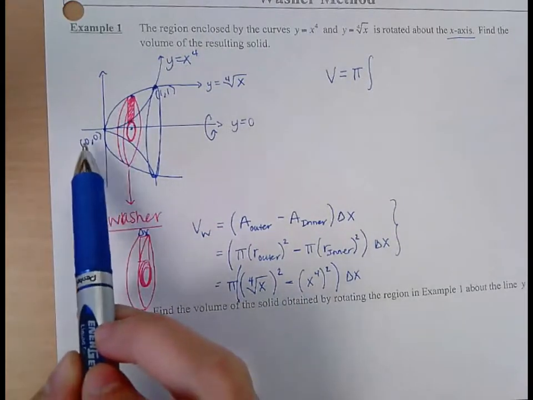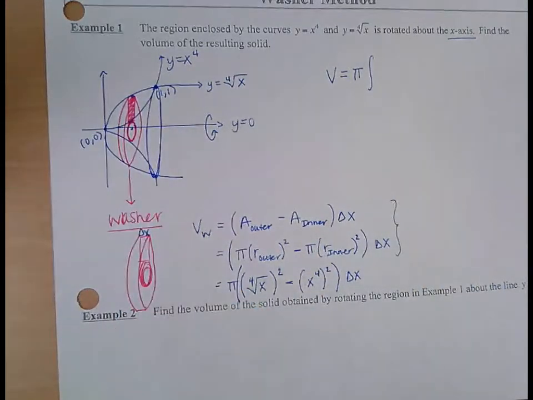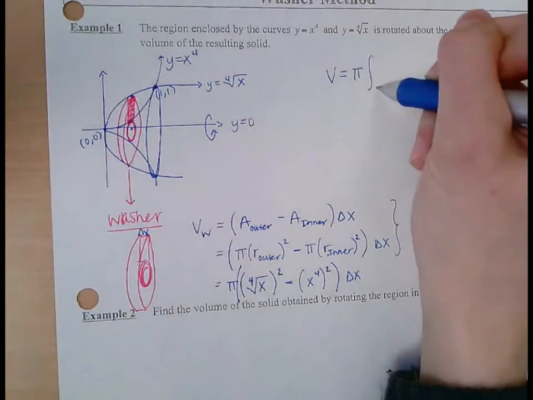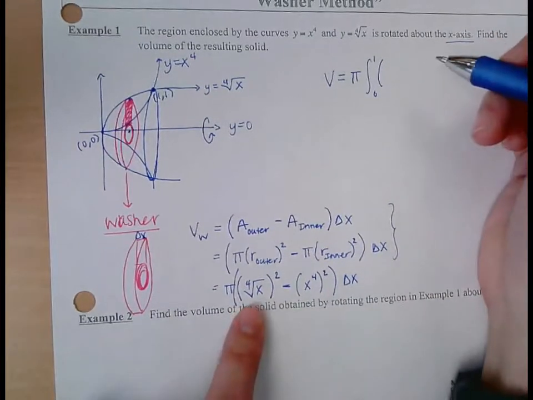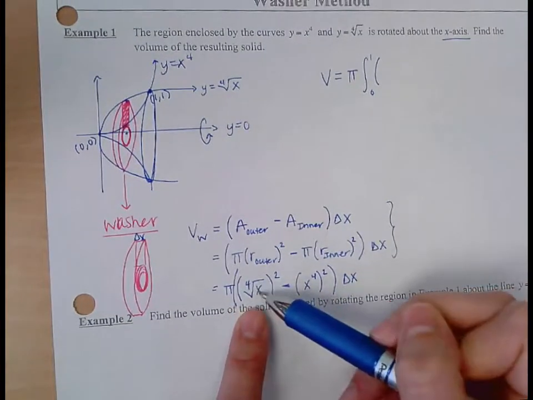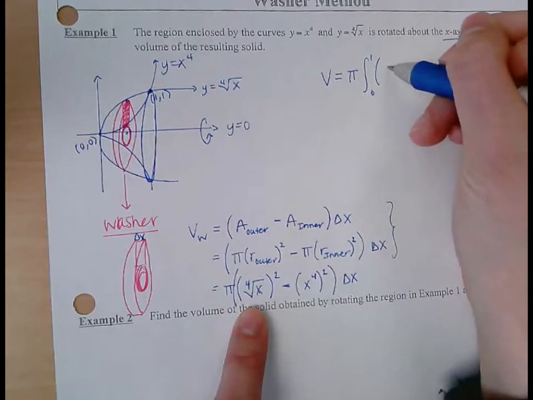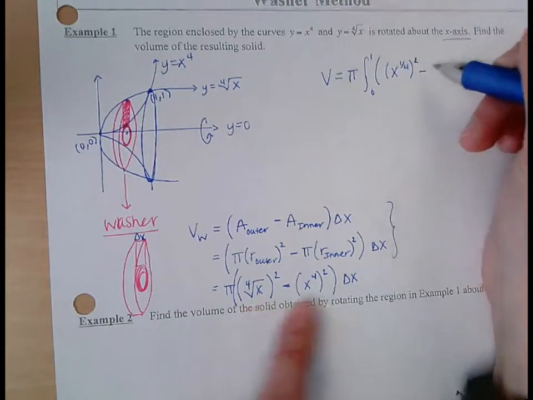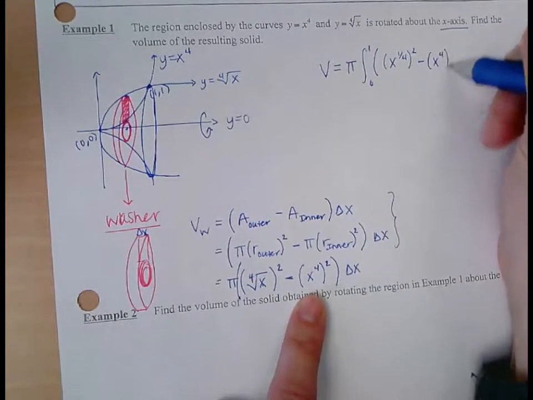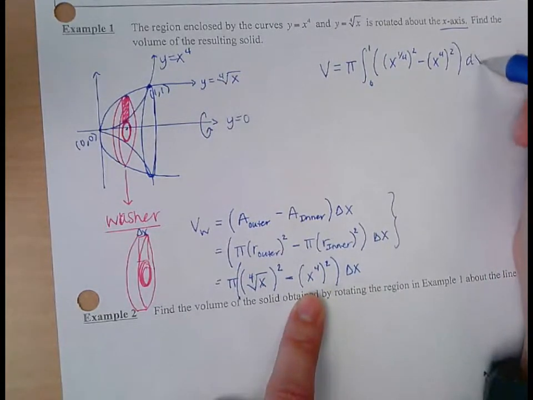I want to use the x values. So from 0 to 1, it would be the same if we used the y values for this case. The integral from 0 to 1 of, and I'm actually going to write the 4th root of x as x to the 1/4. So I have x to the 1/4 squared minus x to the 4th squared, and then dx.